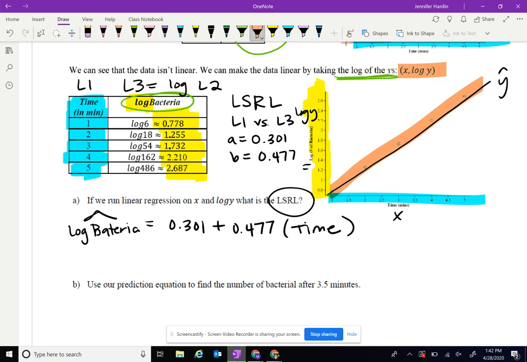We're going to use that prediction line then to find the number of bacteria after 3.5 minutes. So here we're going to plug in X equal to 3.5 minutes for our time.